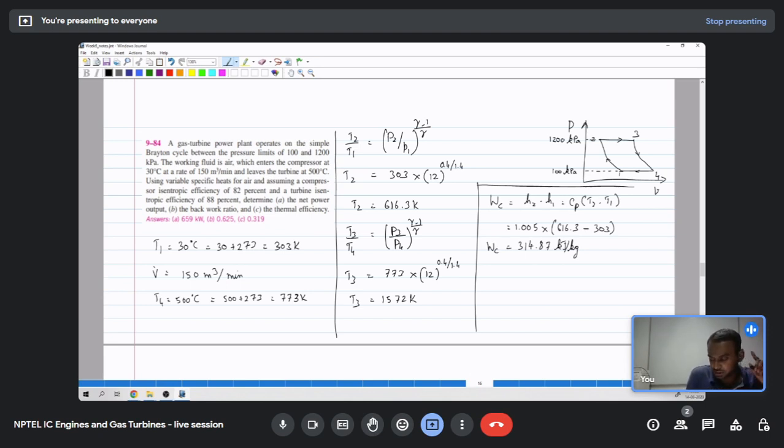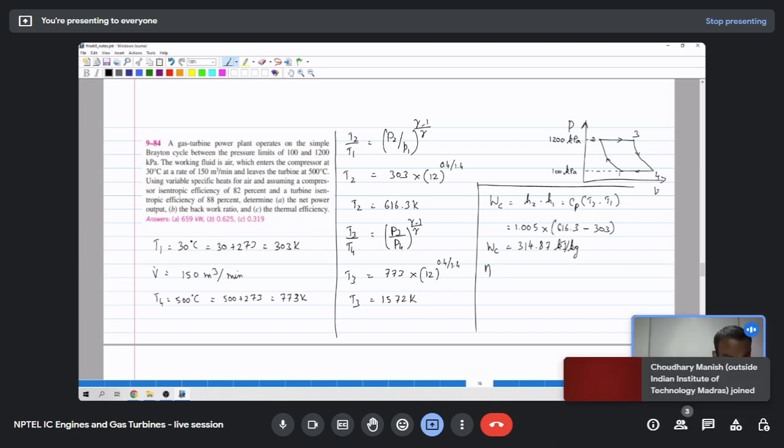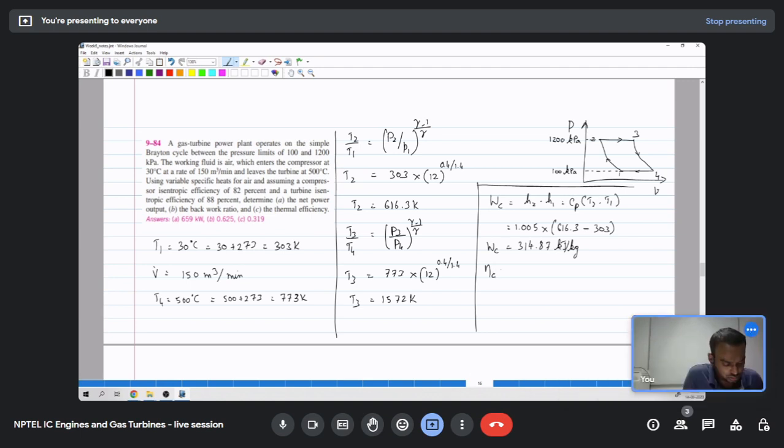Consider the efficiency for the compression, which is 0.8. We have isentropic work by actual work.